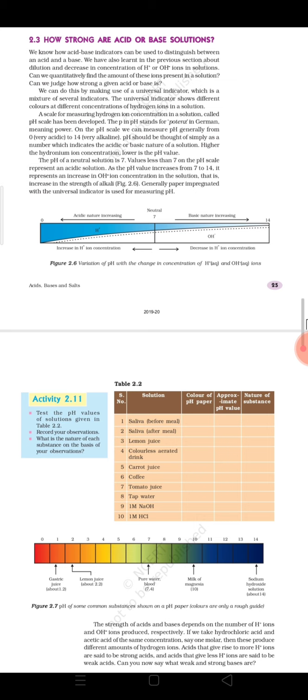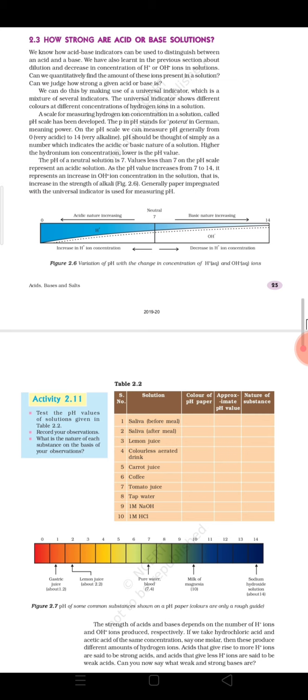So this is the criteria to understand strong acid and weak acid, how an acid is said to be strong or how an acid is said to be weak. In case of a strong acid, almost 99.5% dissociation is shown. That means almost all the molecules are dissociating and producing hydrogen ion, whereas in weak acids the dissociation percent is around 50 to 60% only.